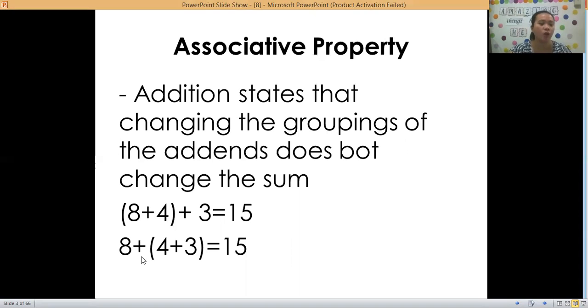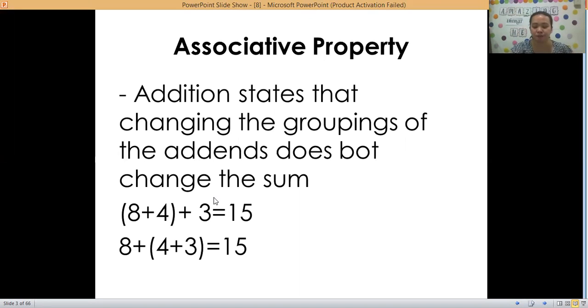So we change the one inside the parenthesis. We use 4 and 3. So 8 outside the parenthesis plus 4 plus 3, the one inside the parenthesis, the answer is also 15. It is the same. So this one is the associative property. The clue here in the associative property is the parenthesis.